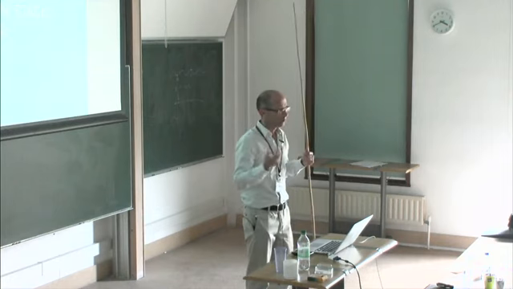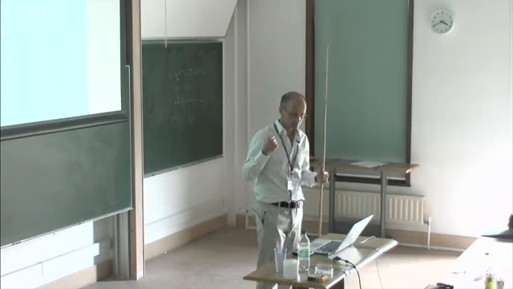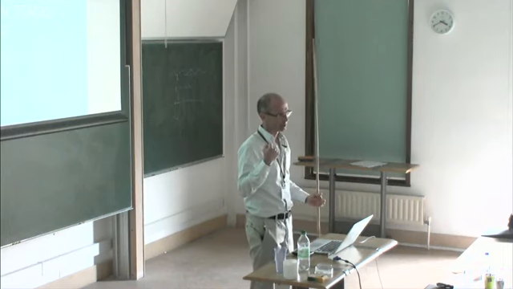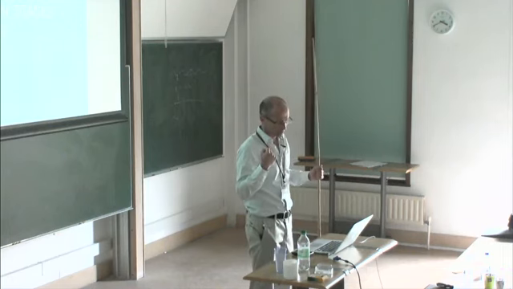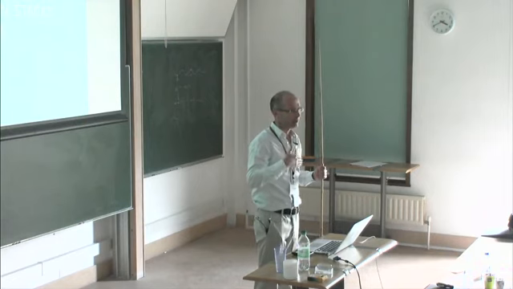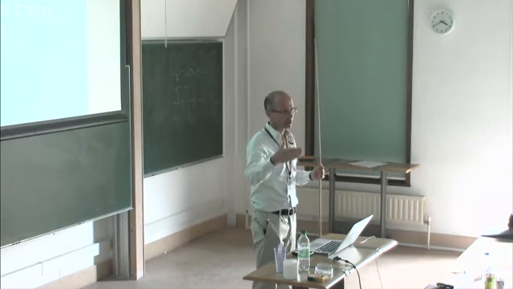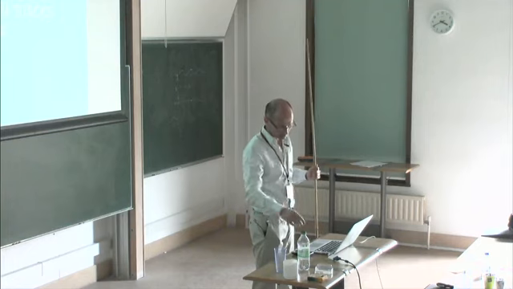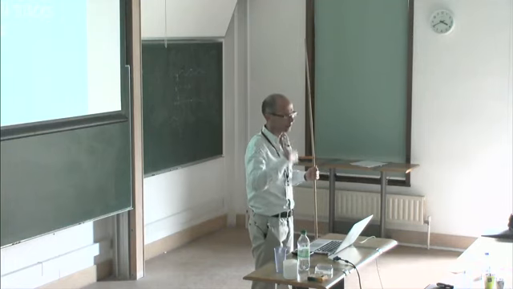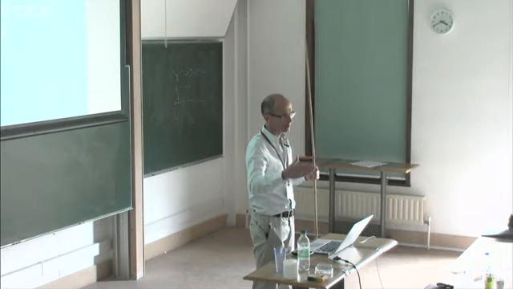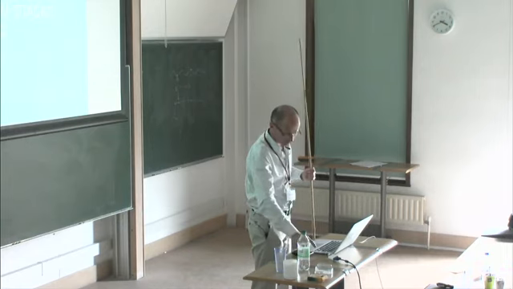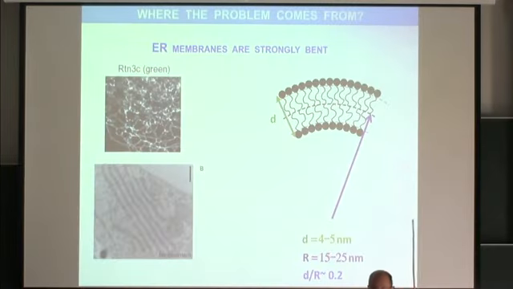This was the goal, and I'm going to show you how we approached this problem in a historical evolution, because I think it's easier to understand if one follows the development of ideas. The talk is relatively long. I can do it. So where does the problem come from?